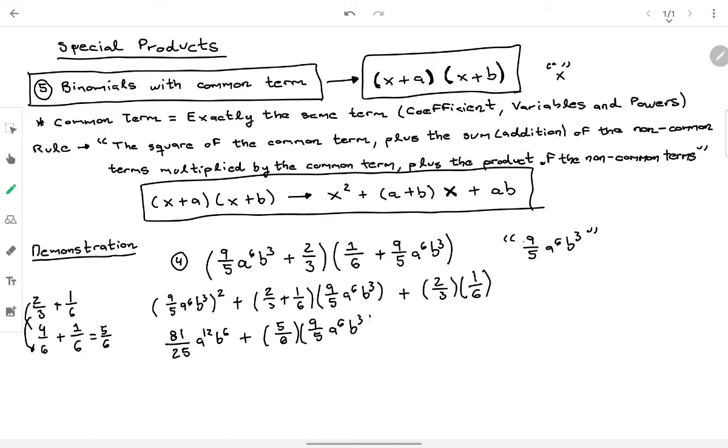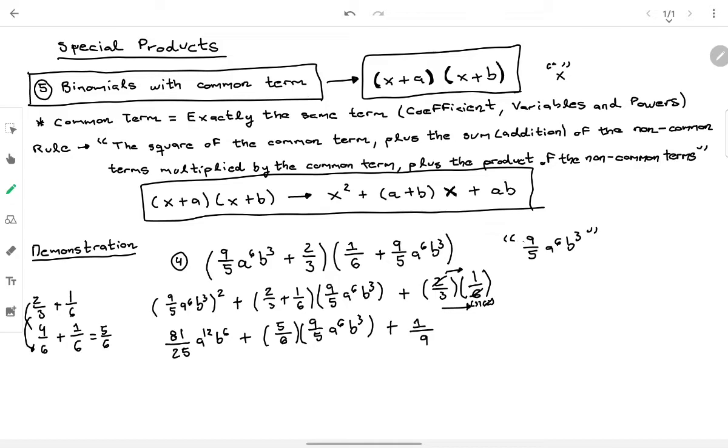Plus, when multiplying fractions, we multiply numerators and denominators, and we can simplify this 2 with this 6, so we can simplify it to be only 3 times 2. So we eliminate this 2, so it will be 1 over 9.